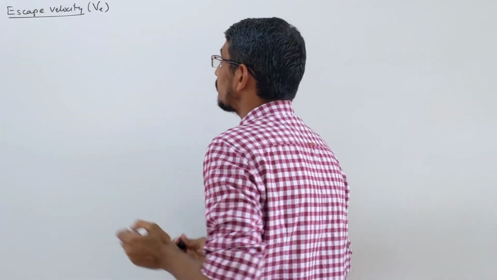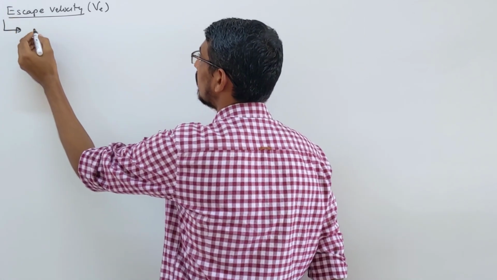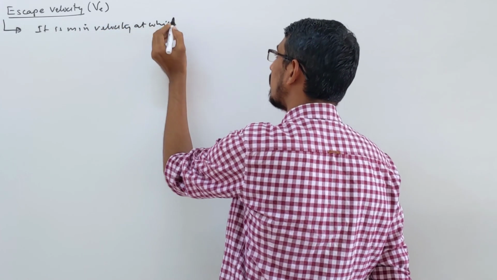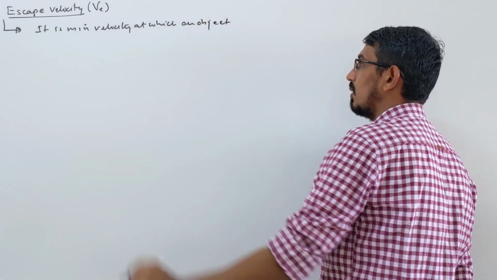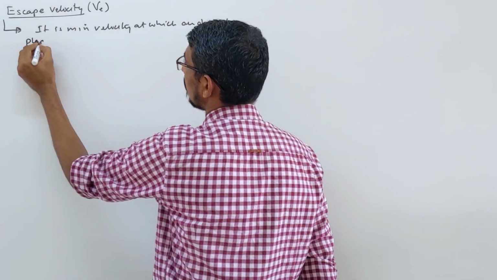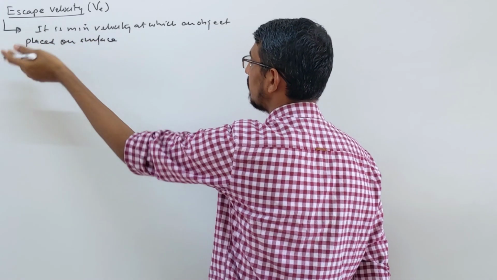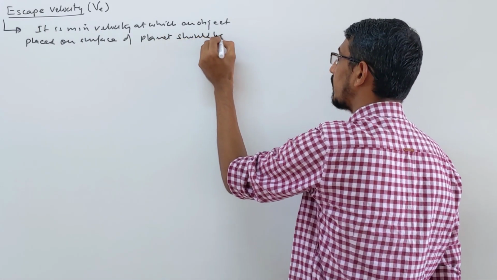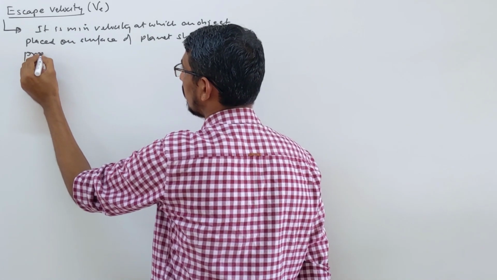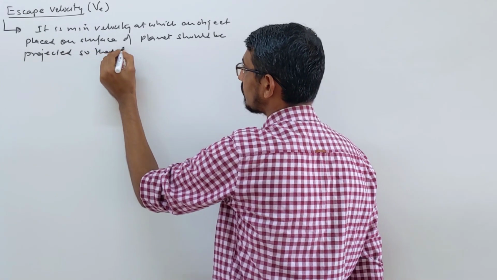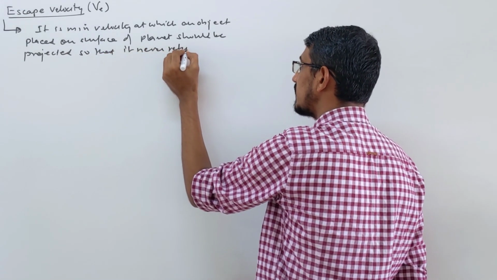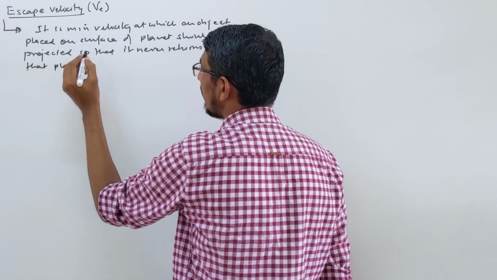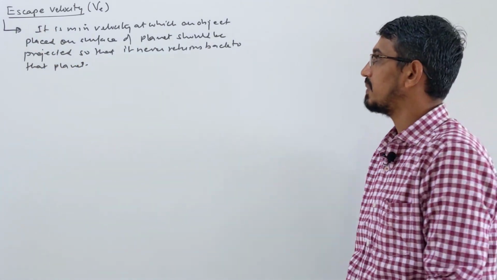Okay, so let me write a few words here. It is the minimum velocity at which an object placed on surface, or say from surface of planet, should be projected so that it never returns back to that planet, or you say that it escapes to infinity, it goes far away, right, it escapes the gravitational pull of that planet.